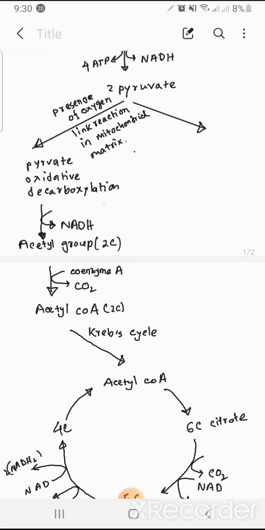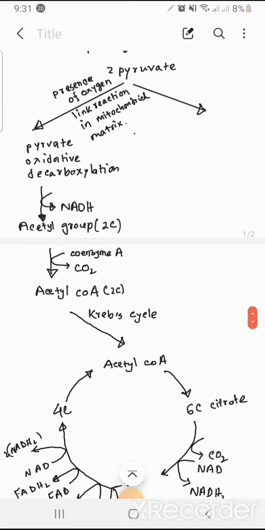Here pyruvate undergoes oxidative decarboxylation. Previously I mistakenly said oxidative phosphorylation. That's not true. It's oxidative decarboxylation, in the presence of oxygen.